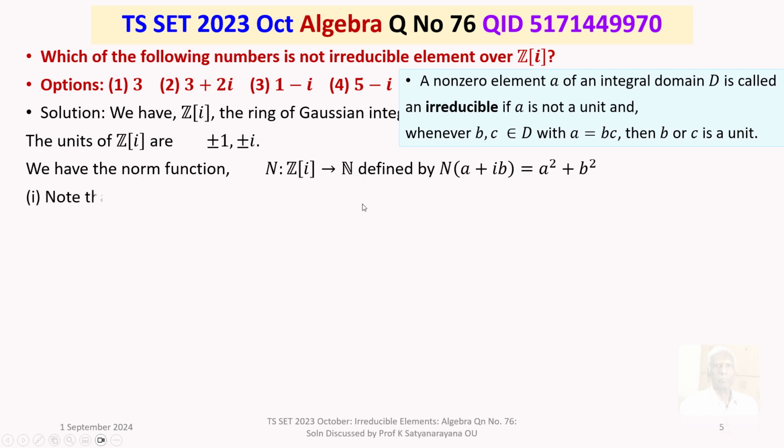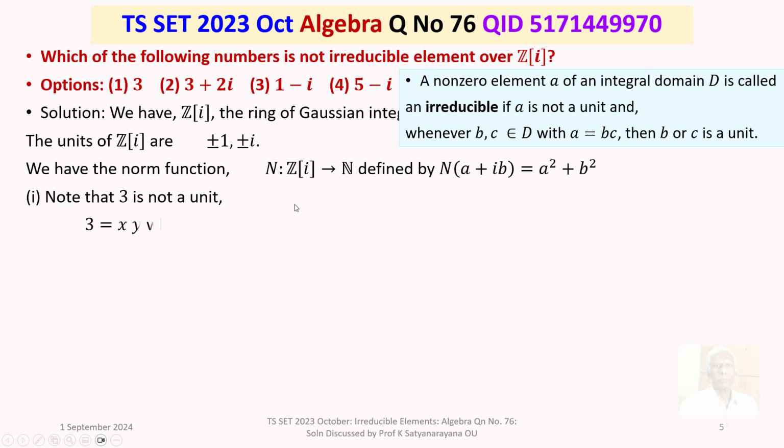Now, note that first of all we consider element 3, and note that the numbers given in options 1, 2, 3, 4 are not units. Note that 3 is not a unit.